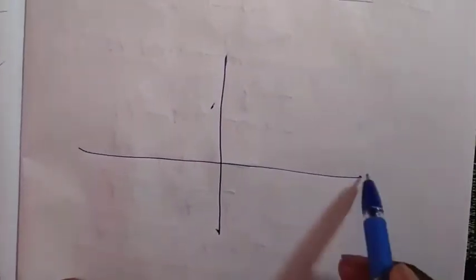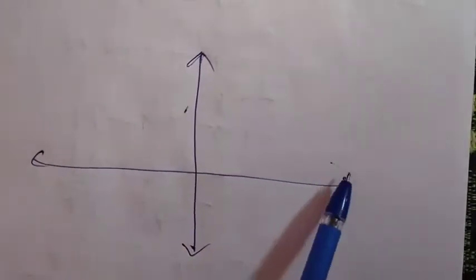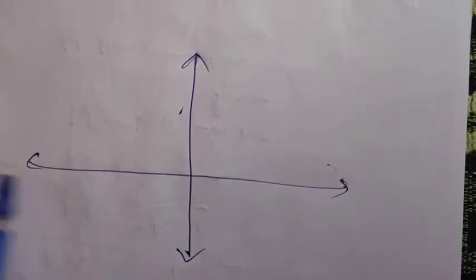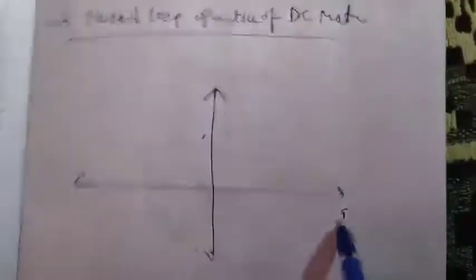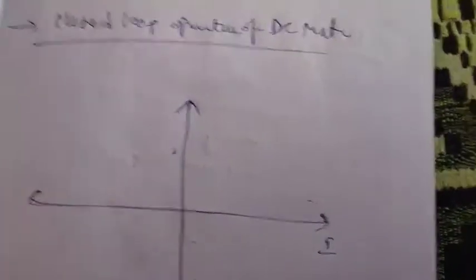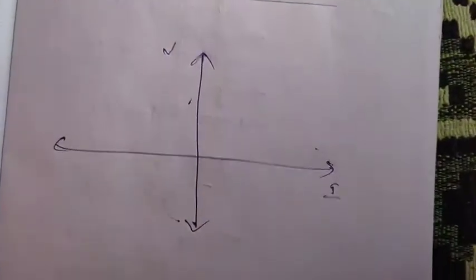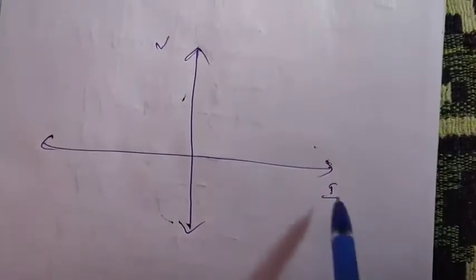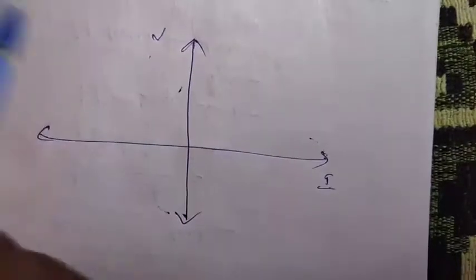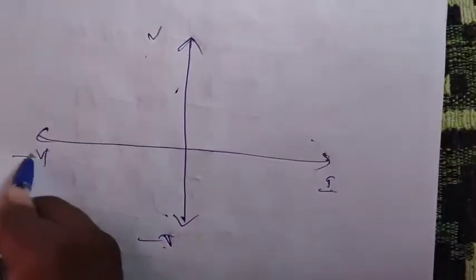If you plot x and y graphs, this is positive x, this one is negative x, positive y, negative y. Here on the x axis I consider positive current, and on the y axis positive voltage. So this one is positive current and positive voltage, and this one is negative voltage and negative current.